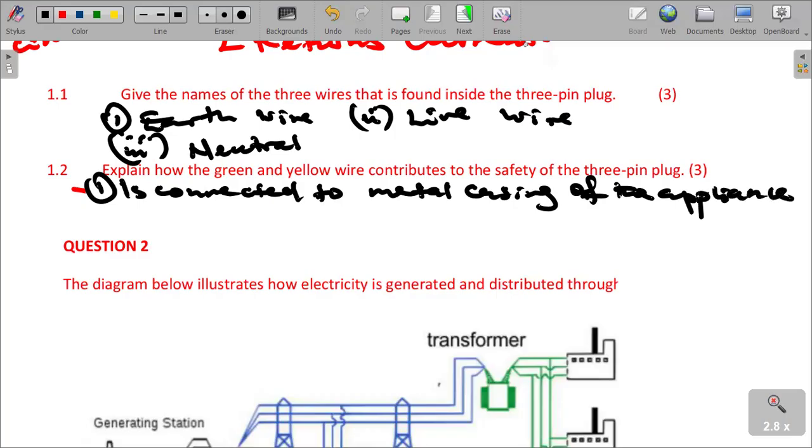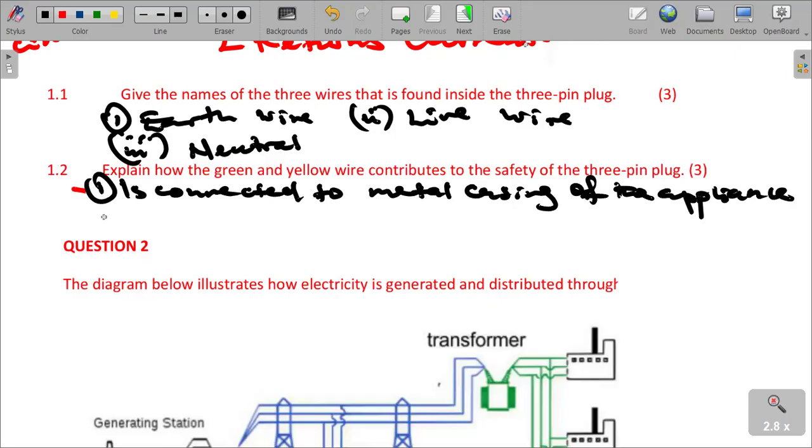We said that earth wire actually works to prevent short circuiting. So it is connected to the metal casing of the appliance. It is also connected via the wall plug to an earth cable in the ground.